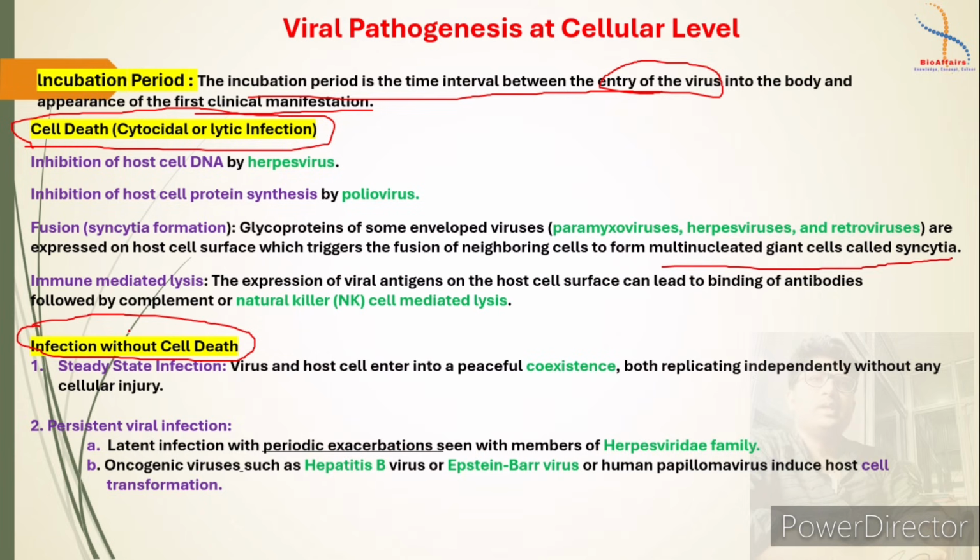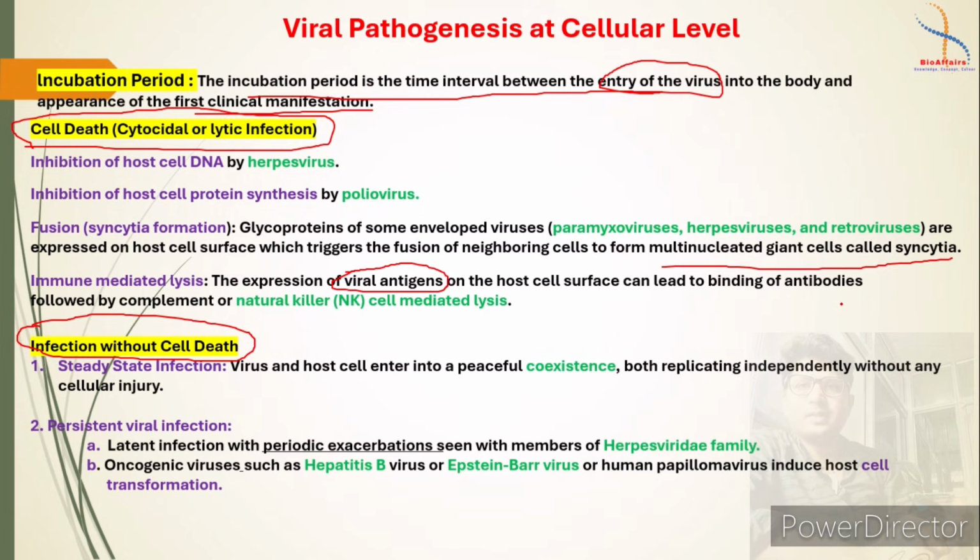Now immune mediated lysis, what happens? Due to some viral antigens, not all viruses, again I am telling you, the host cell surface can lead to binding of antibodies. Suppose a virus infects any tissue or cell in the body; its antigens get attached to the cellular surface. Those antigens attract antibodies.